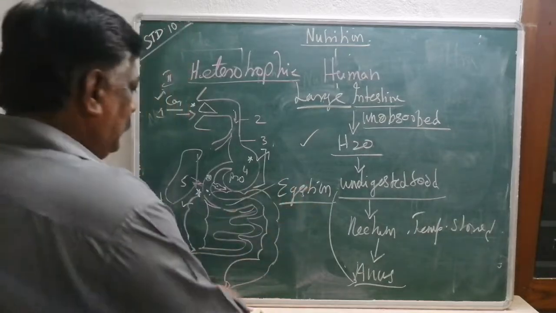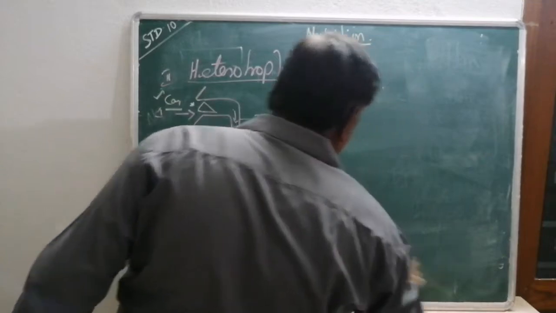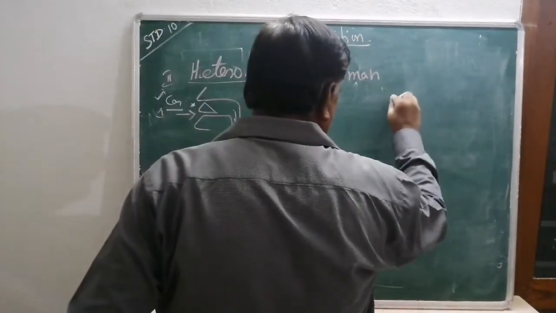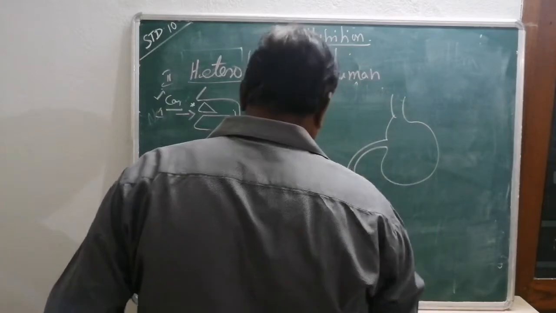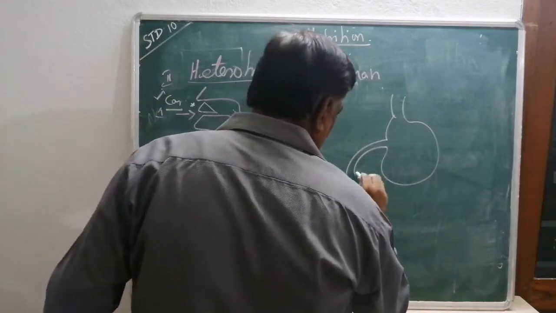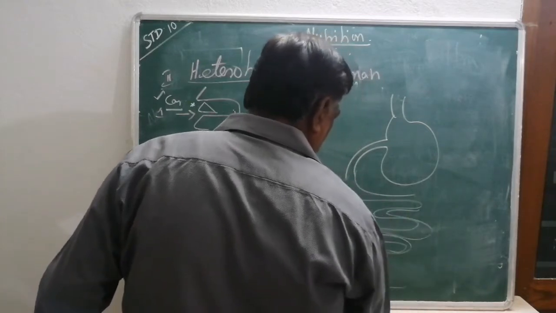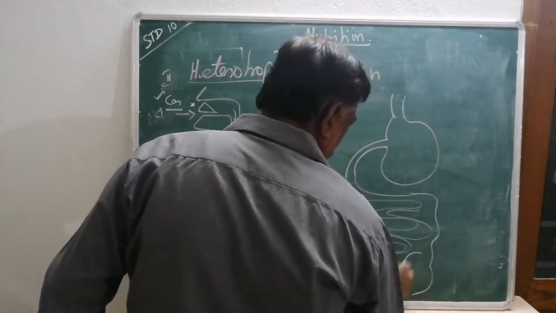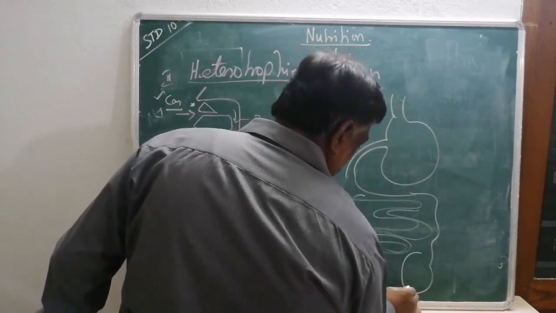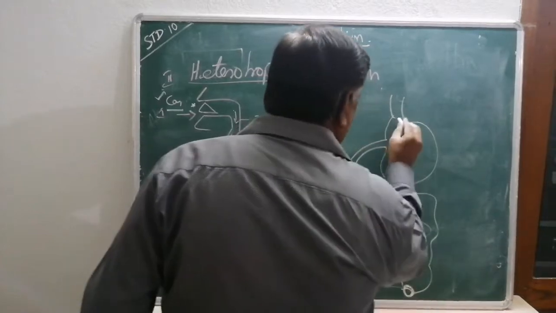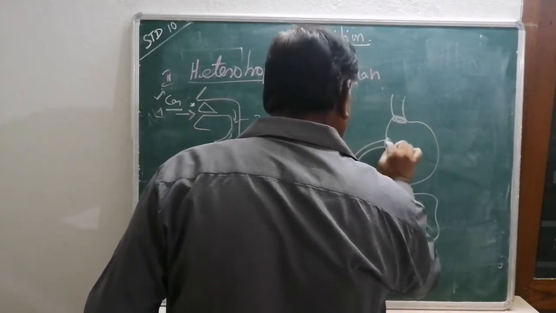Now I am going to talk about a special muscle. This is the stomach, and this is the tube. I am going to talk about the muscles which are present here, here and here.